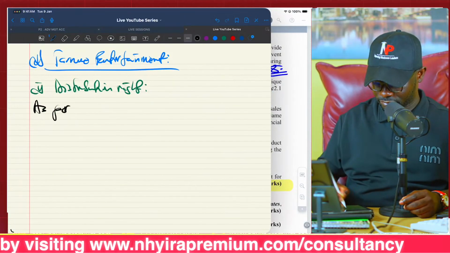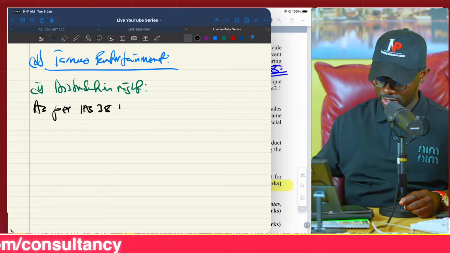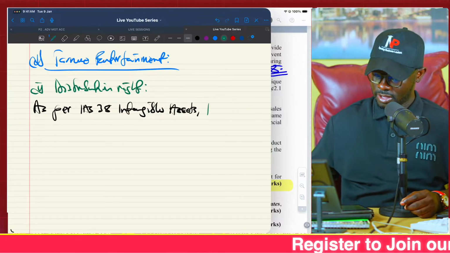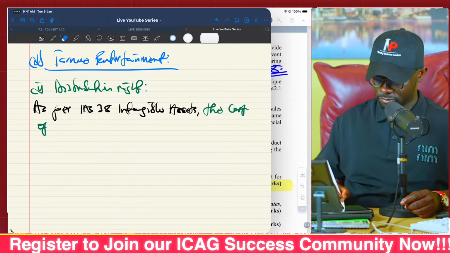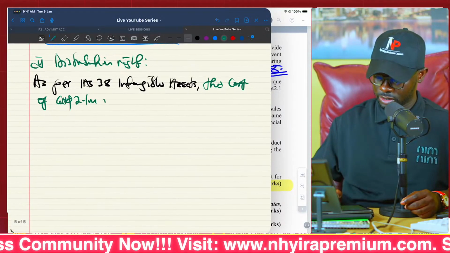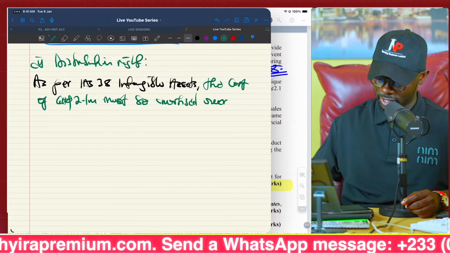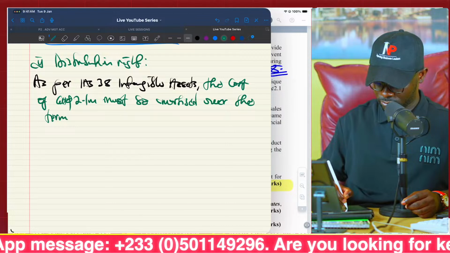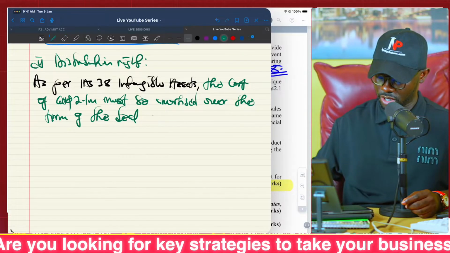So as per IAS 38, intangible assets, the cost of 2.1 million must be amortized over the term of the deal, which is 3 years.